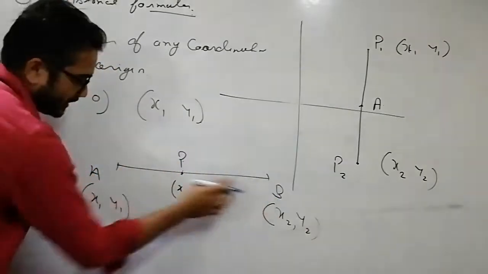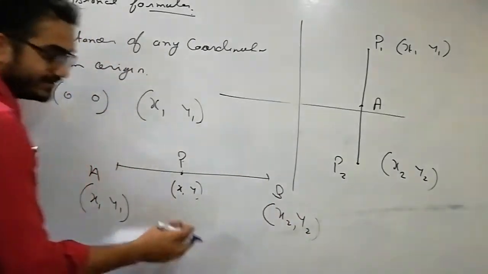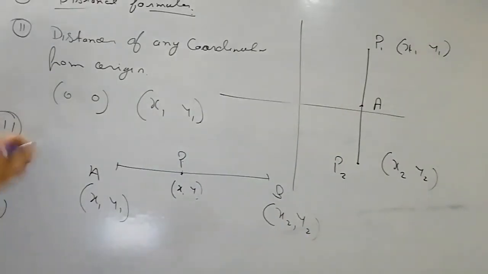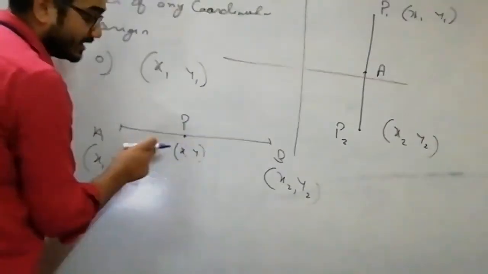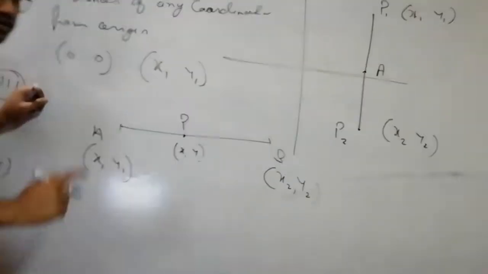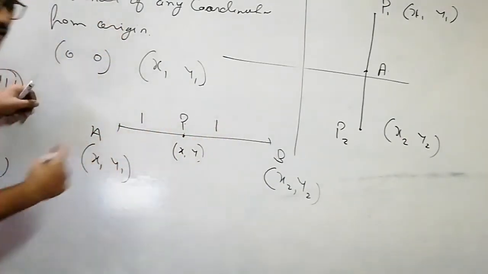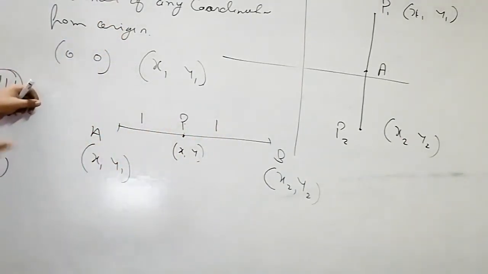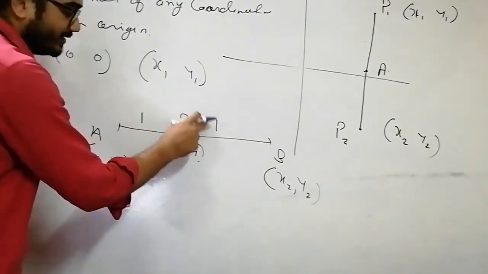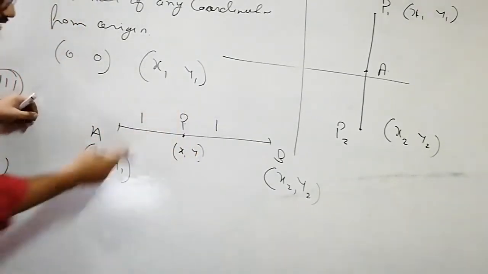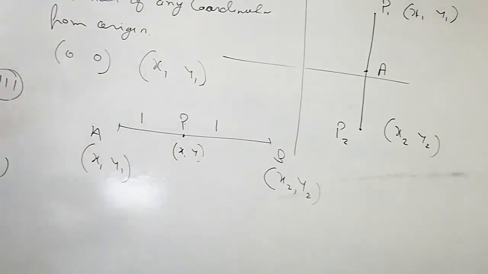This is a line segment AB which has coordinates x1, y1, x2, y2, and there is a point P which is the midpoint of this AB. So what will be the ratio? The ratio will be 1:1, instead of m1 is to m2. So m1, m2 will be 1, and we'll take that and find the x, y. So this is what is called the midpoint theorem.